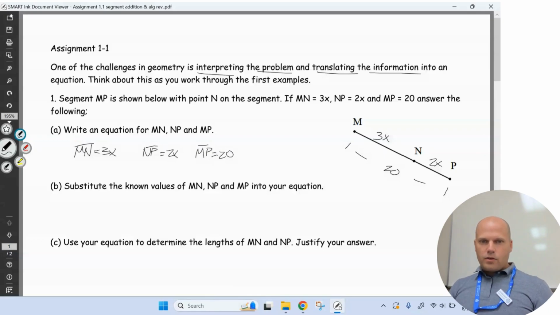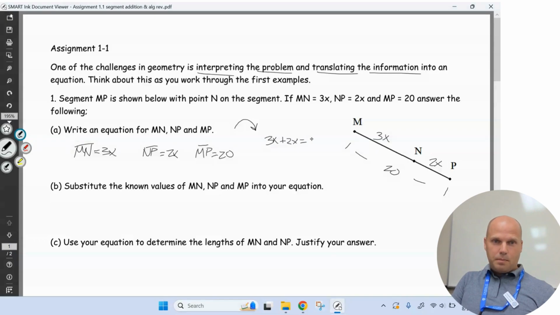Substitute known values. We know that from here, we could write one large equation connecting all three of them with MN plus NP equals MP. And we can go from there. That's kind of what we wanted you to do there. So pause. Sometimes it's like, what are they actually asking you?